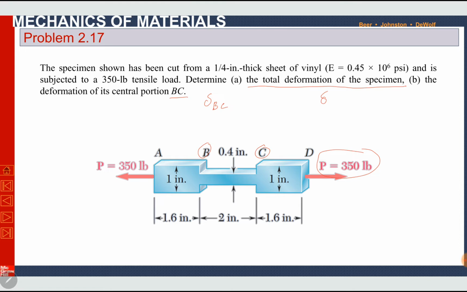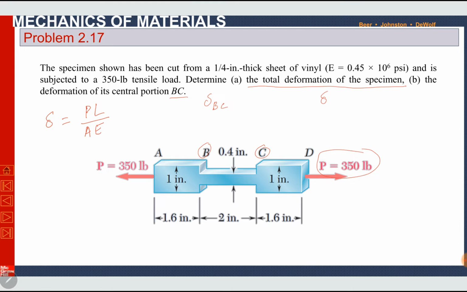There is no change of load throughout the specimen, but there is change of area. Since delta depends upon load, length, area, and E. Actually, along the length, if load is changing, or area is changing, or E is changing. E means if the material is changing.